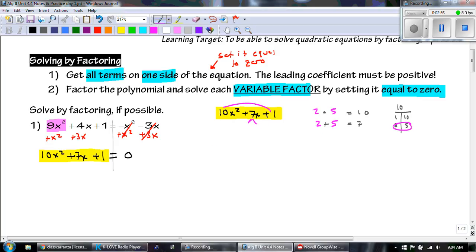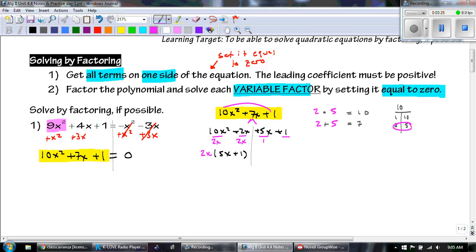So we break all this down: 10x squared plus 2x plus 5x plus 1. This is all stuff we've been doing, so this should be no brain buster to you. Factor out the 2x. 2x goes out front, and we're left with 5x plus 1.